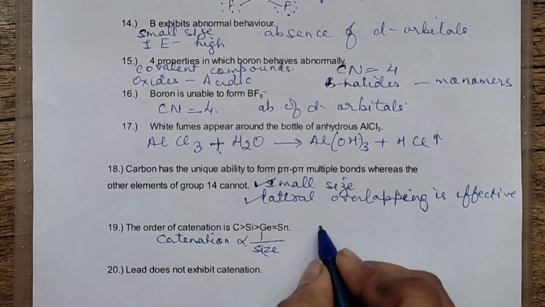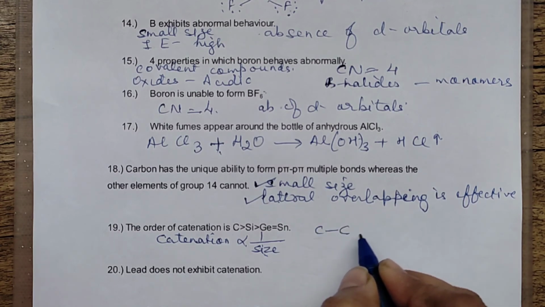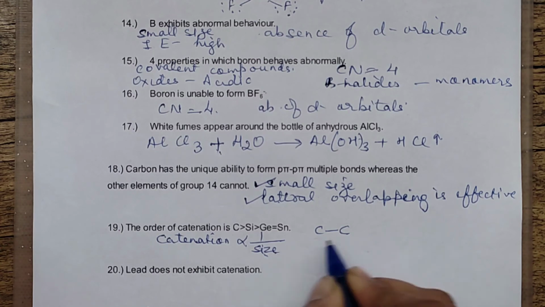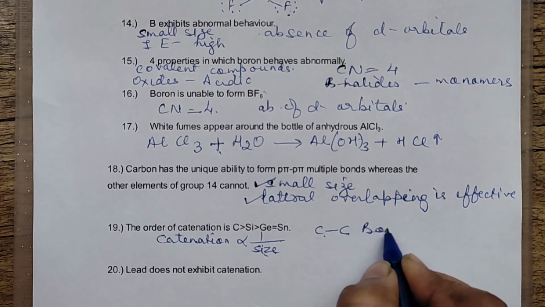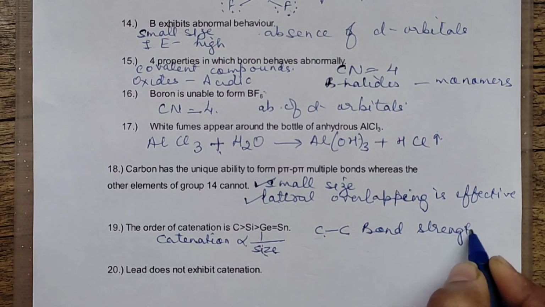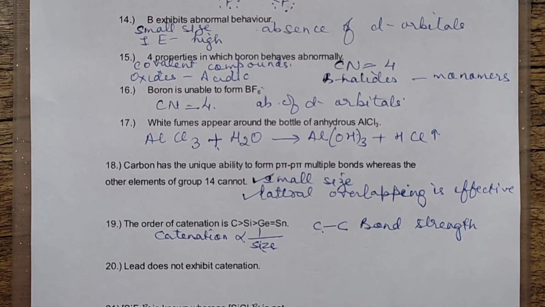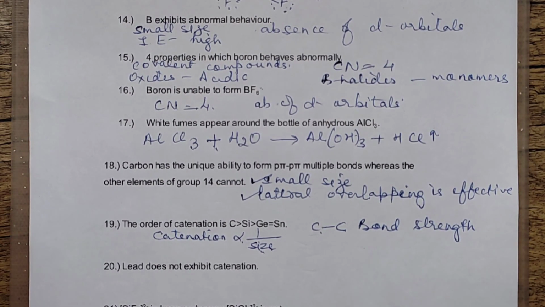So in a way, carbon-carbon bond strength is maximum. If the size is small, the bond strength will be more, and the more the bond strength, the more will be the catenation tendency. So this will have the maximum catenation tendency.